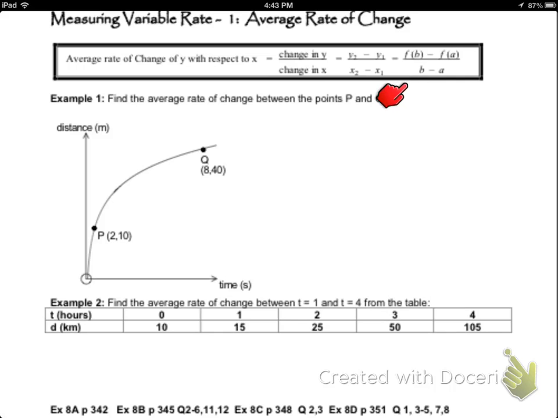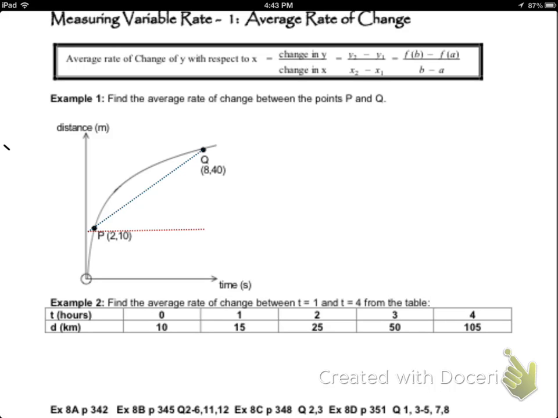And that's where a and b are points corresponding to the x and y values of P and the x and y values of Q. Let's have a look at that now.